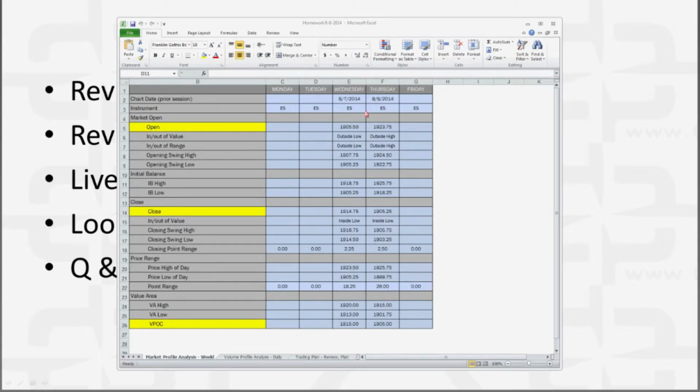All right. So that opened about 22 points higher, and then the IB, the first hour of trading, 25.75 down to 18.25, and our close was lower.